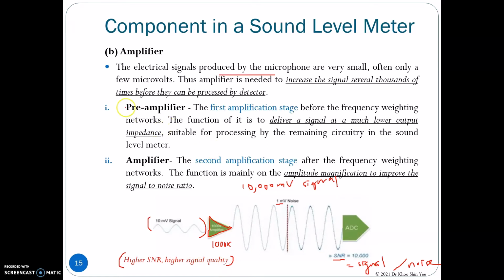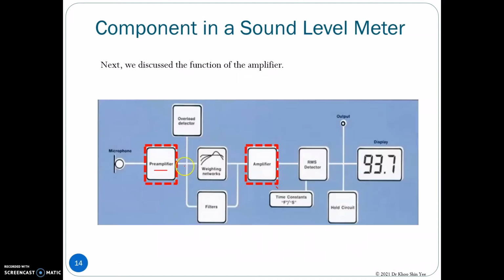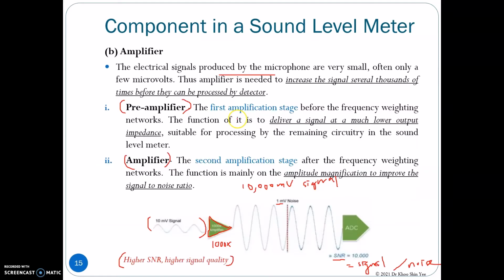In the microphone, we have two stages of the amplifier. First is called the preamplifier and second is called the amplifier. The first stage preamplifier is used after the microphone and the second stage amplifier is used after the weighting network. The main function for the first stage preamplifier is to deliver the signal at a much lower output impedance that is stable for the remaining processing.